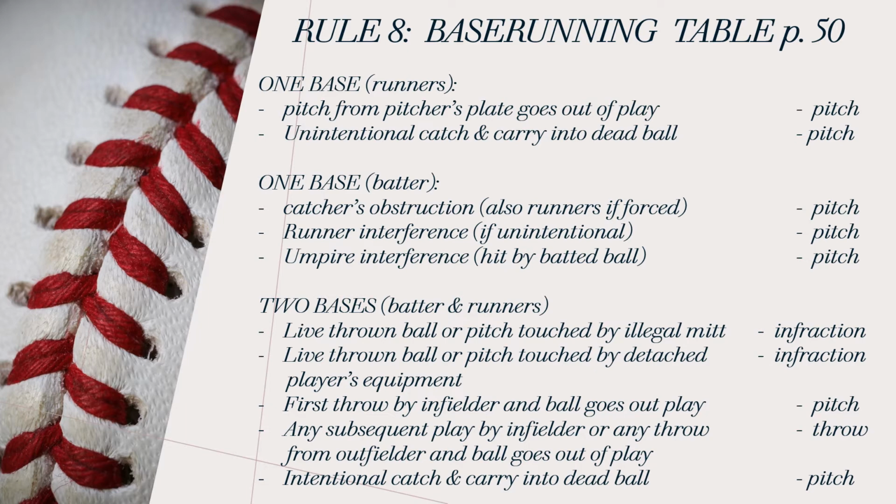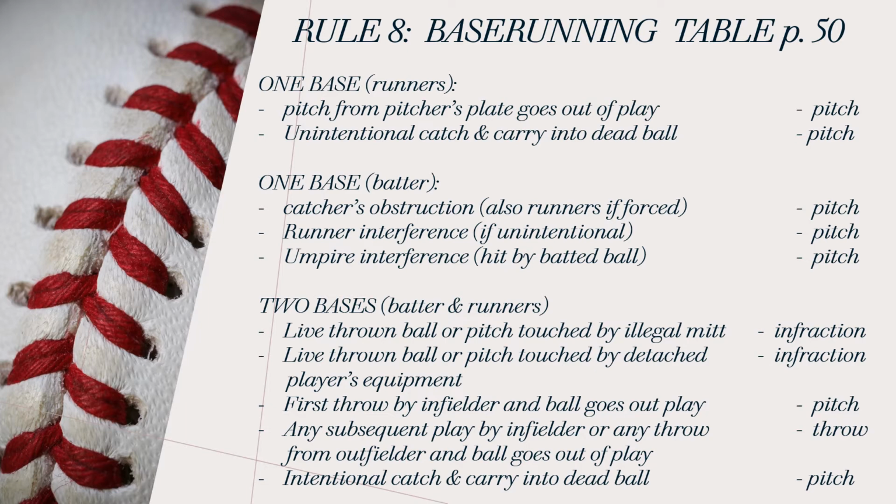If we have runner's interference that is unintentional, a batted ball, a runner from second advancing to third, and the ball hits him. That's a dead ball. The runner will be out, but the batter will be awarded first base. And if we have umpire interference, hit by a batted ball, then the batter is awarded one base.